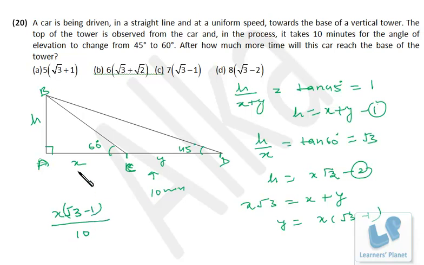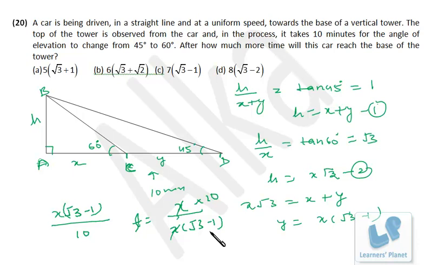Now we have to find out the time that the car takes from coming C to A, that's to cover up the length X. Now this is distance and this is speed, so the time will be distance by speed. So it is X upon X into root 3 minus 1 by 10, right?